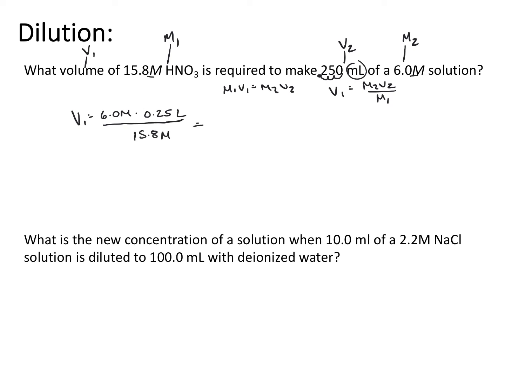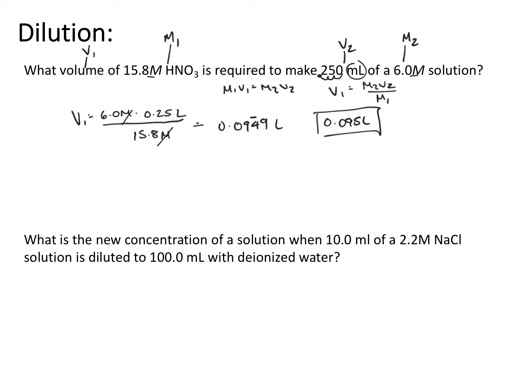Plugging that into the calculator gives me 0.0949. Units that cancel are molarity, molarity. Liters are left over. Significant figures wise, we've got 2, so 0.095 liters, or 95 milliliters, is what I would need of the 15.8 molar HNO3.